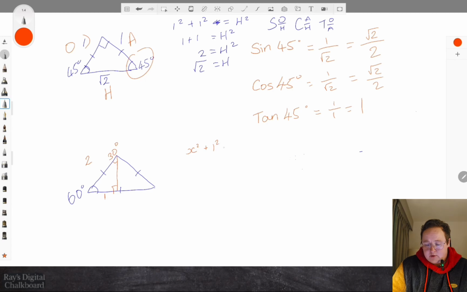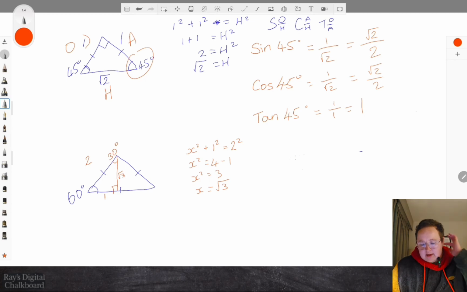So x squared plus 1 squared is equal to 2 squared, as our hypotenuse is this 2. We'll rearrange that a little bit: x squared is equal to 4 minus 1, so x squared is equal to 3. So x is equal to root 3, and we'll put that as the length of that side.